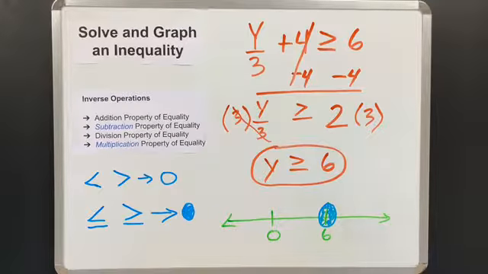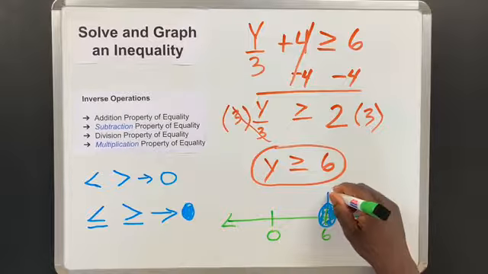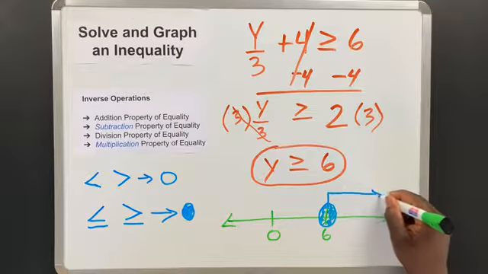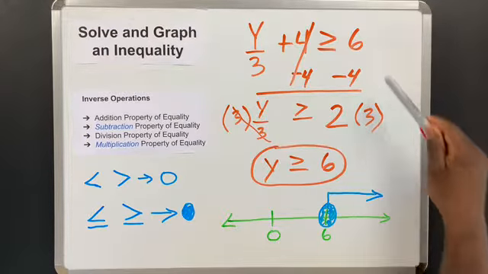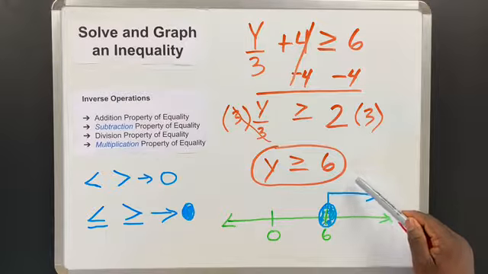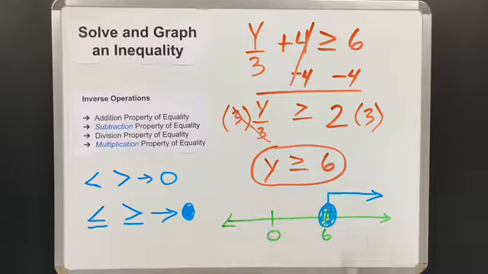So in that case, I'm going to have the arrow going in this direction. That means all values of y that are greater than 6 would be solutions. So we successfully solved the inequality, and then we successfully graphed the inequality.